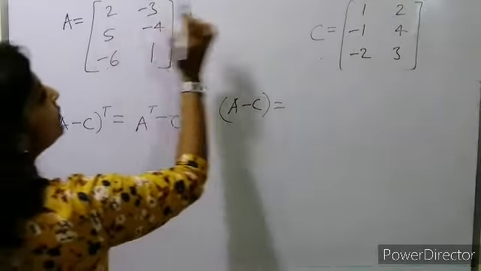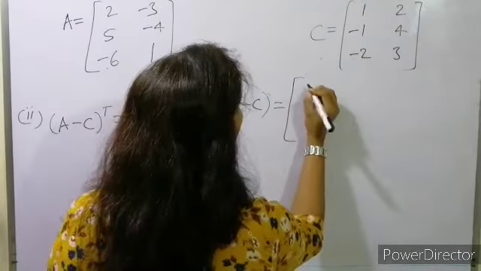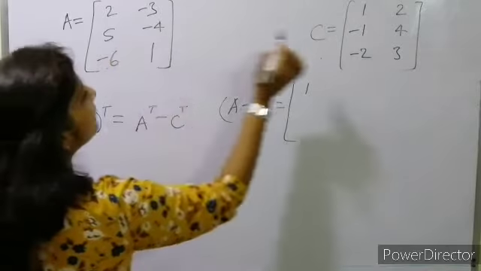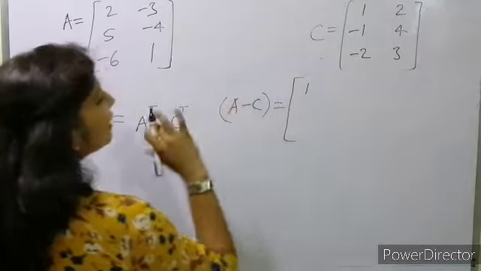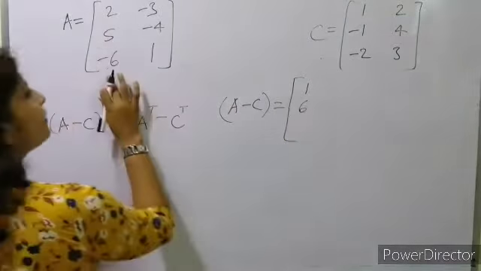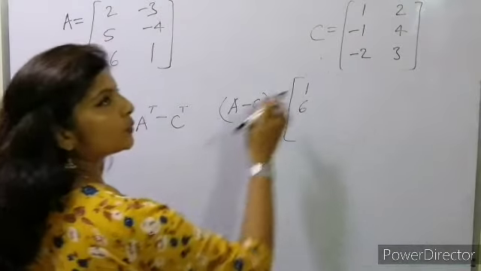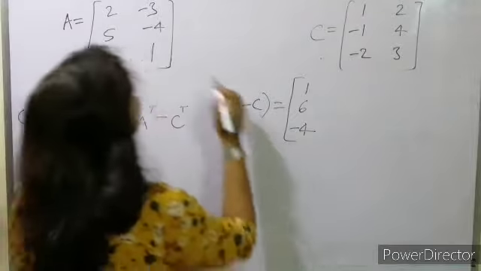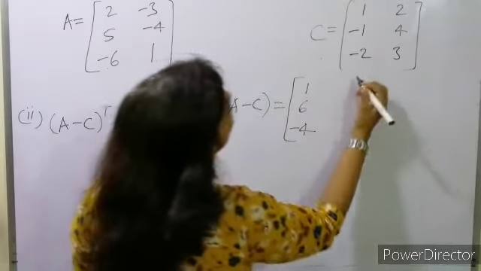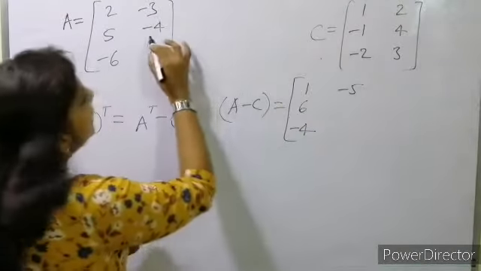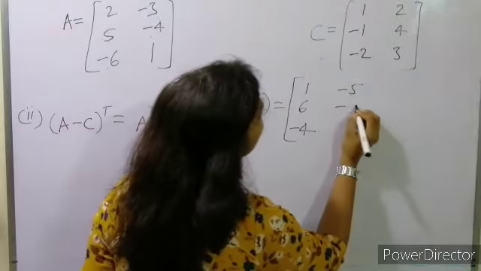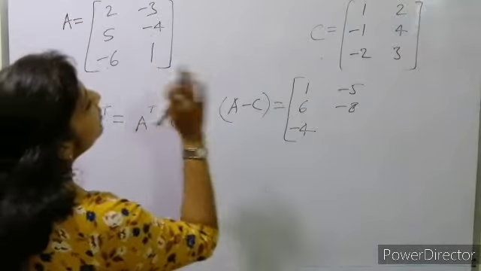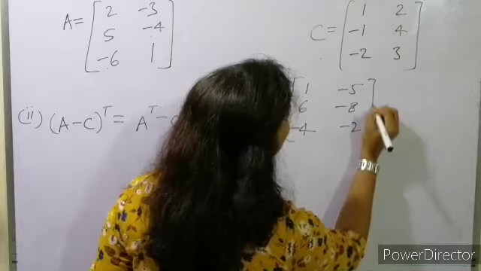A minus C: 2 minus 1 is 1, 5 minus minus 1 is 5 plus 1, 6, minus 6 minus minus 2 is minus 6 plus 2, so minus 4. Now minus 3 minus 2 is minus 5, minus 4 minus 4 is minus 8, 1 minus 3 is minus 2.